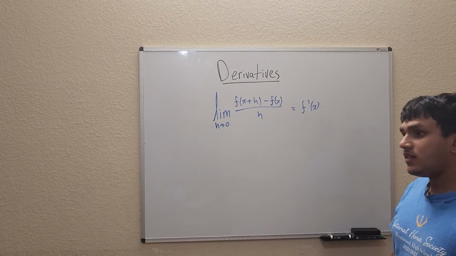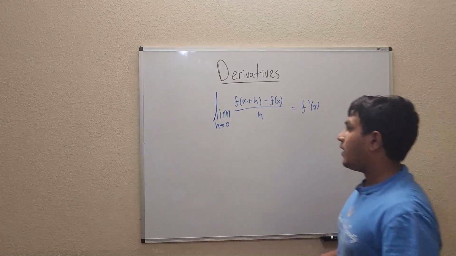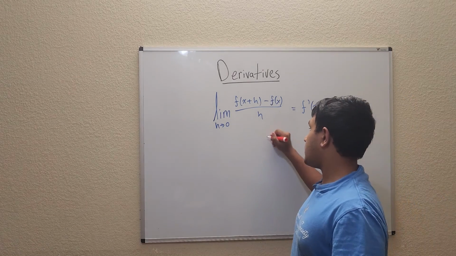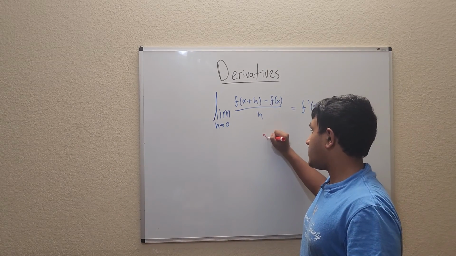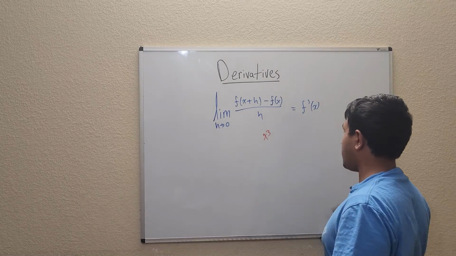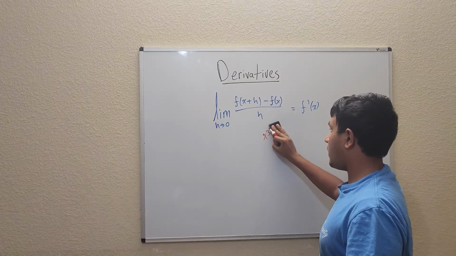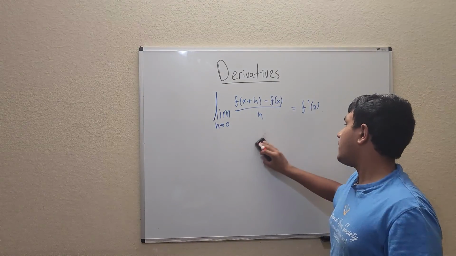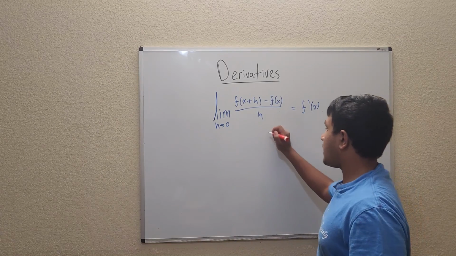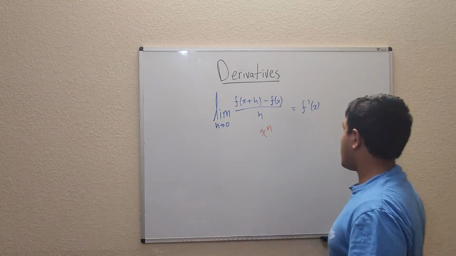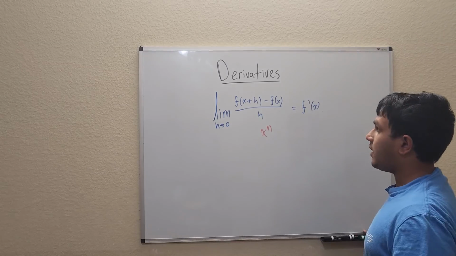So now let's find out what is the derivative of a function that looks like this. Let's say x cubed. Okay, let's find the derivative of the family of functions that look like that. And to be generalized, let's say x to the n. Okay, what is the derivative of x to the n?